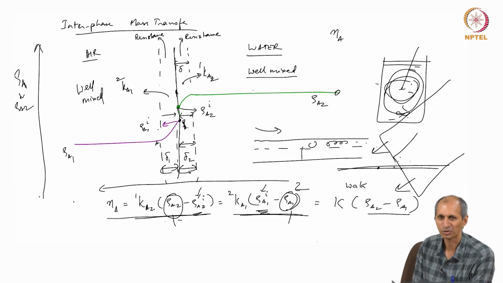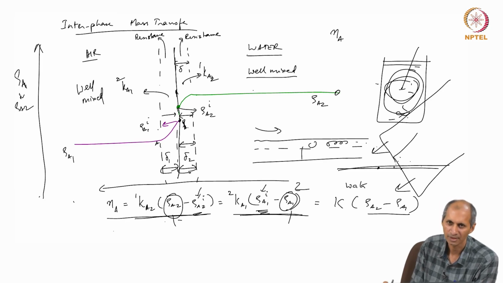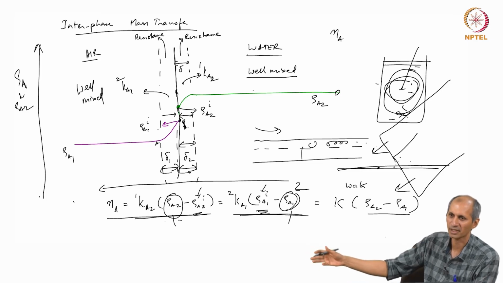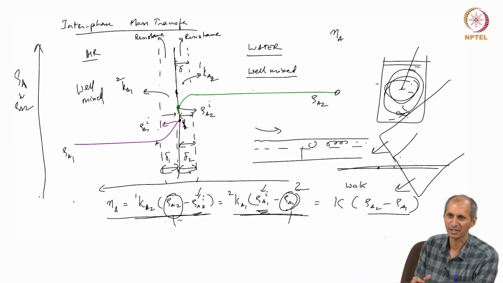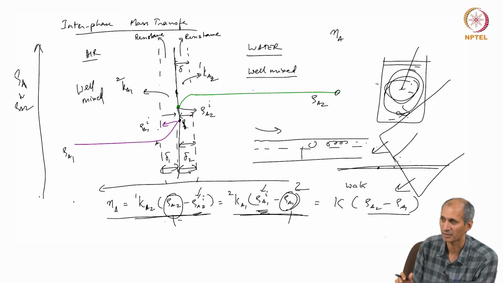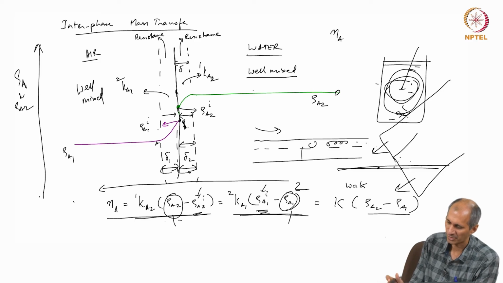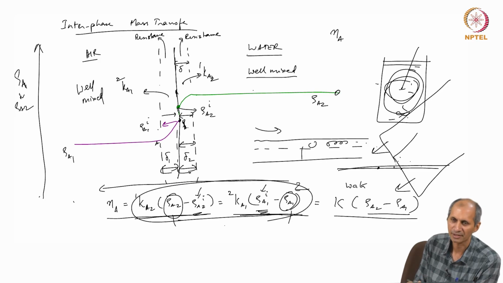This is not a legal way of writing a gradient. You cannot write a gradient across water and air because in between there is an interface and a thermodynamic equation, and that will violate several things. So, we have to express this taking into account all of these things.